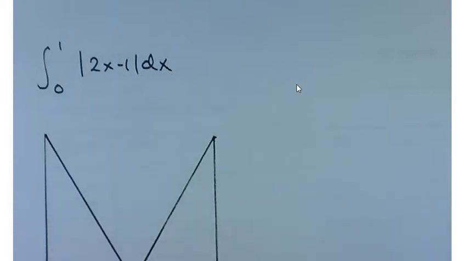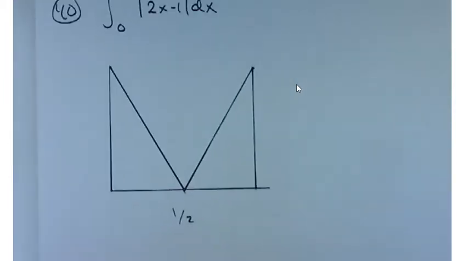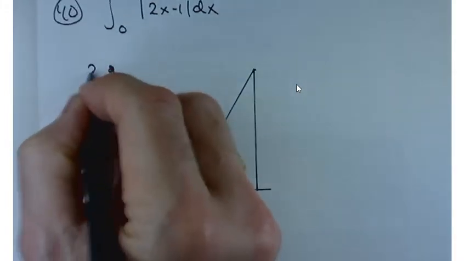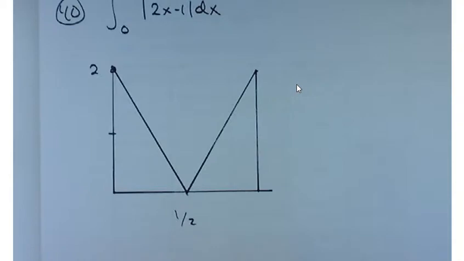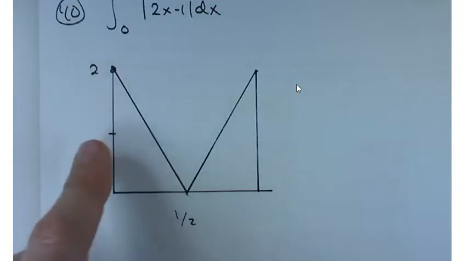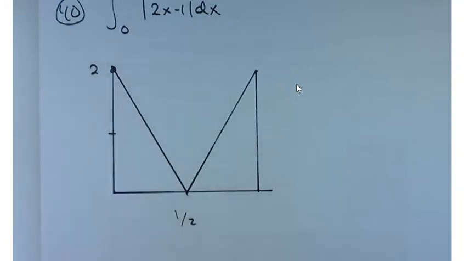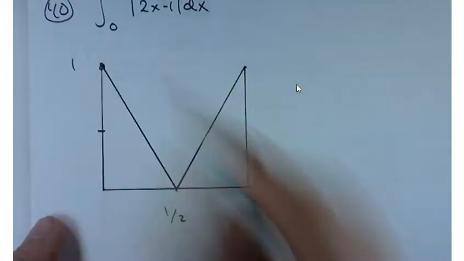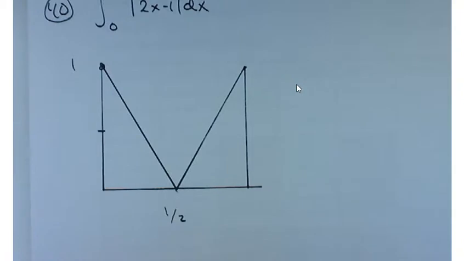So this point is 1/2. And what's the height here? I think the height's 2, right? No, it's actually 1. You're right. It's 1. It has to be 1. Yeah, 0 and 1. Okay, so the height's 1 there. That's good.